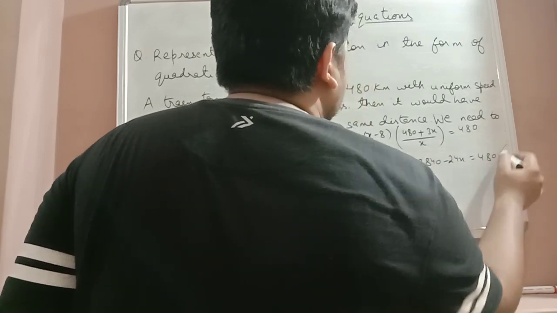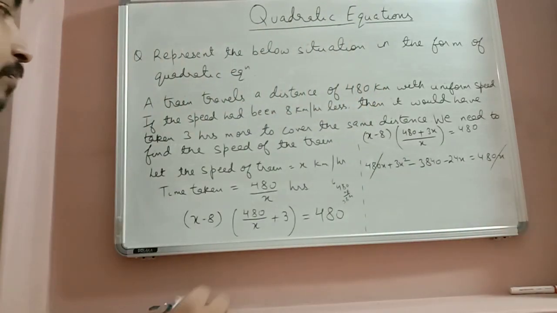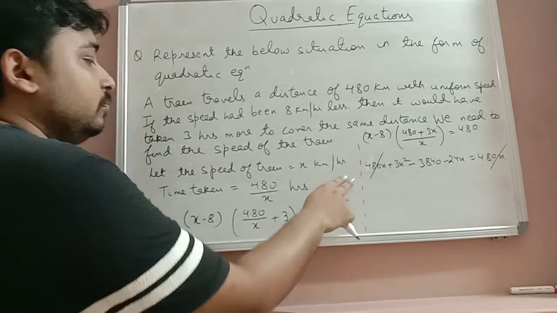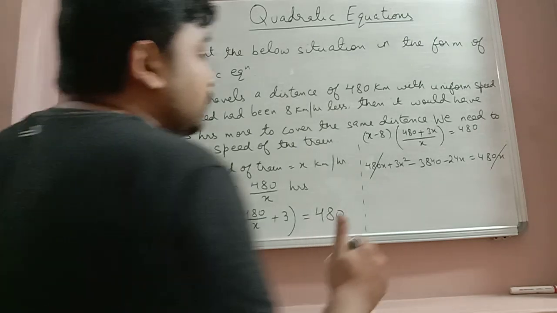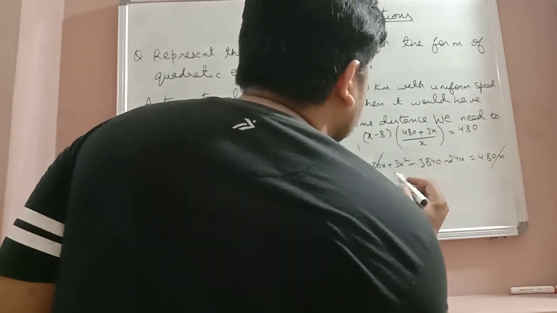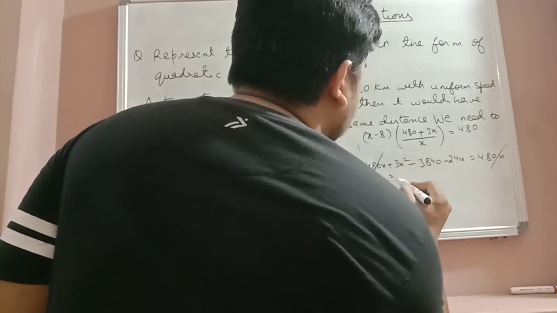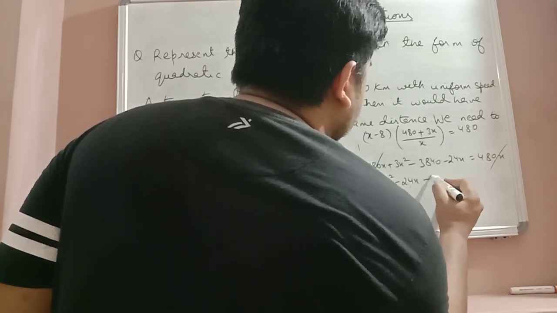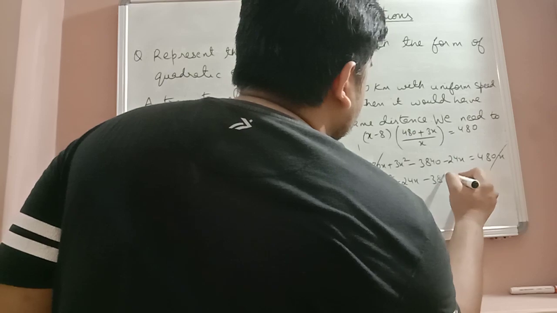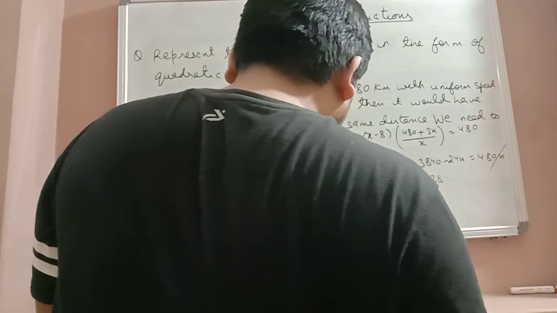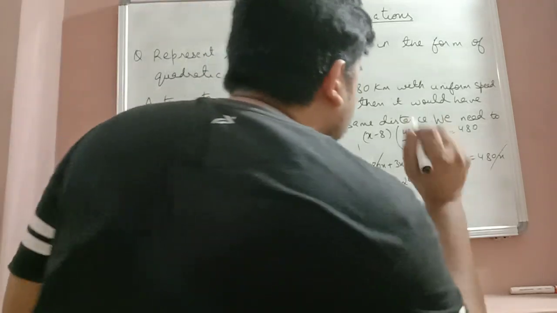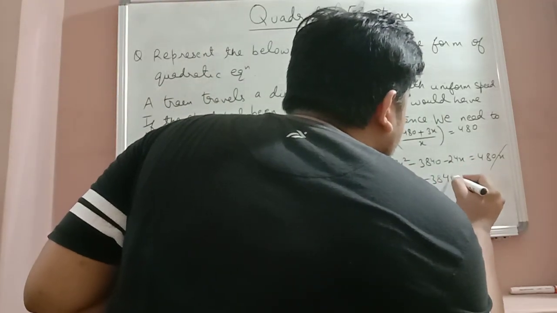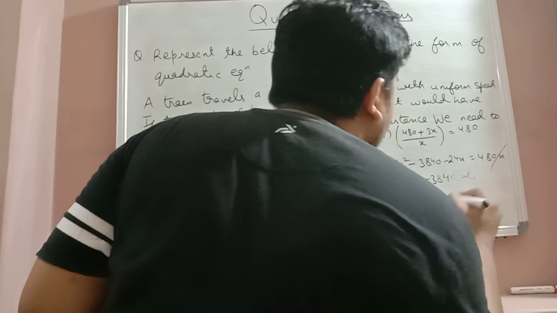Now 480x gets cancelled out, and we are left with 3x square minus 24x minus 3840 equals to 0.